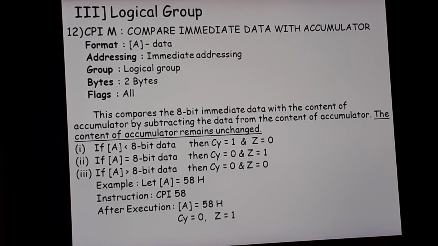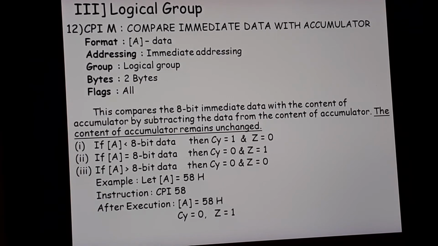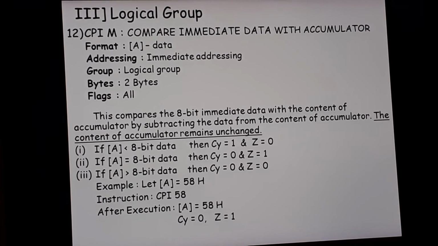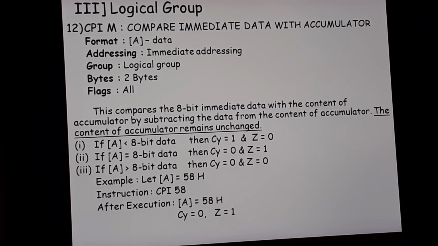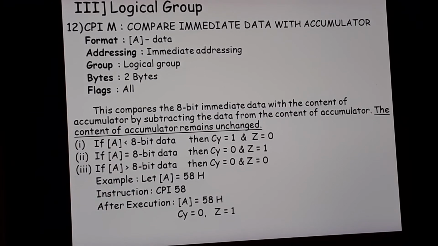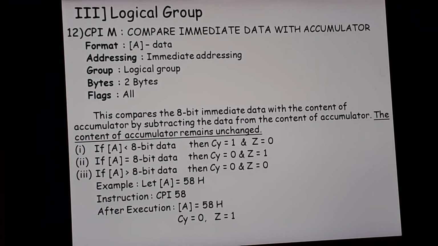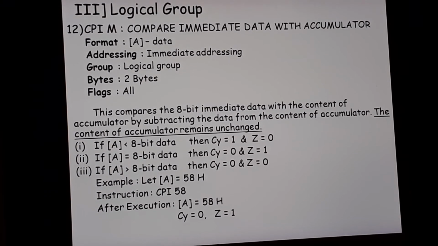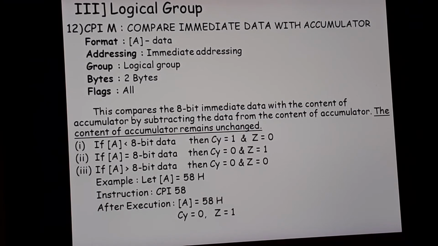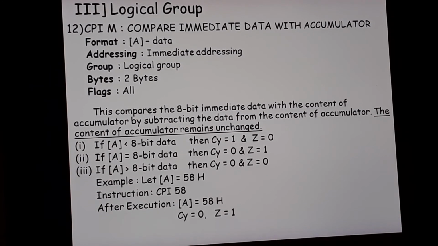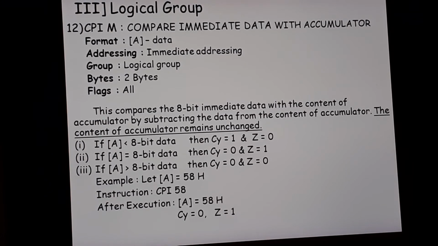Since the accumulator content is equal to the 8-bit data, the zero flag will be set to 1. So after execution you will write A is equal to 58H, which remains unchanged. Before execution it was 58, after execution it is also 58. So A is equal to 58H, carry is equal to 0, and zero flag is equal to 1.